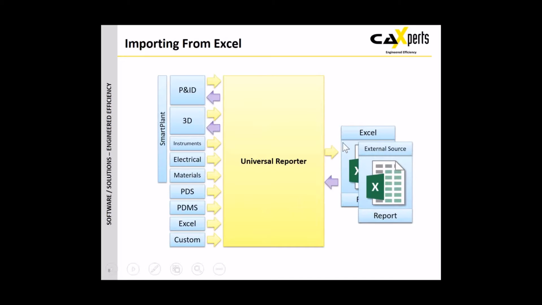Now, although we can generate an Excel spreadsheet directly from Universal Reporter, and of course we can edit that, that doesn't mean that we can't take any old Excel datasheet that you've been working on independently and then use that as a source for updating the native application. The only thing that we will need to do is map the columns in that Excel file to the attributes that we want to update. And again, we're going to be demonstrating that in the live session.